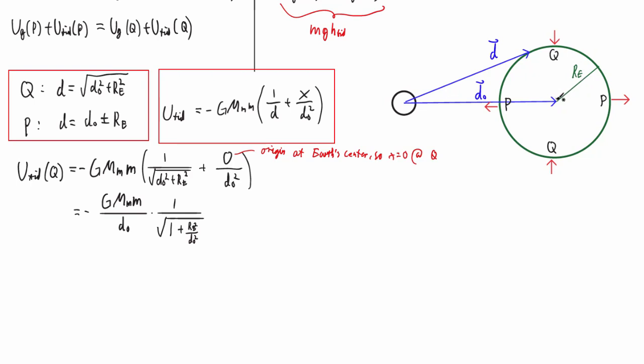Now the radius of the Earth is a large number, but it's going to be small compared to D naught. So we can do a little bit of a Taylor expansion here. Just to remind you of that, the square root of 1 plus x is approximately equal to 1 plus x over 2.